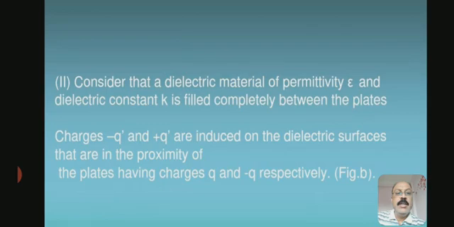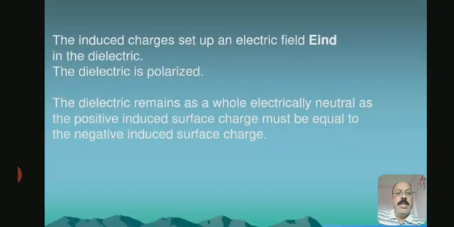Now consider that a dielectric material of permittivity epsilon and dielectric constant K is filled completely between the plates. Charges minus Q and plus Q are induced on the dielectric surfaces that are in the proximity of the plates, having the charges Q and minus Q respectively, as you observe in figure B. So the induced charges set up an electric field E, and the dielectric is polarized.